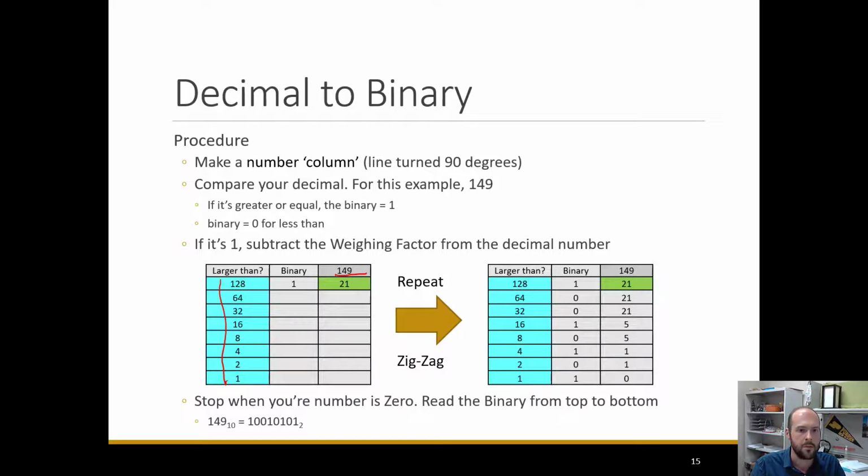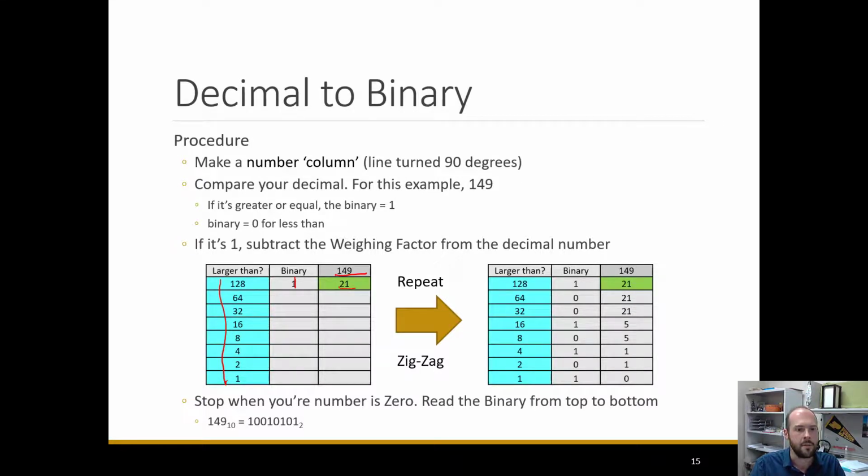And if it is, put a 1 in this column. So 149 was our starting decimal number. Is it larger than 128? Yes. So I write a 1, and then I subtract the weight out of the decimal number. So 149 minus 128 gives you 21.